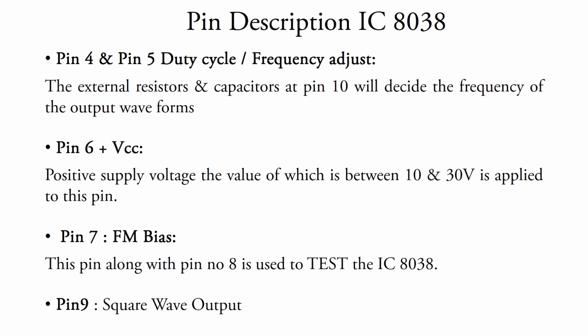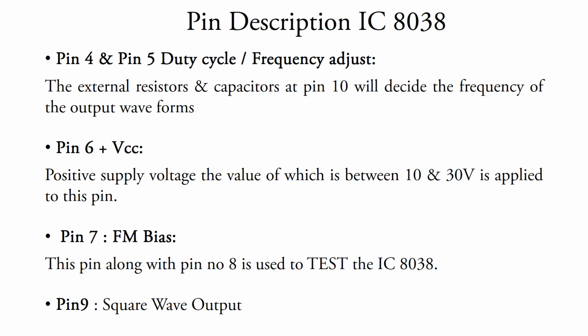Pin 4 and 5 are duty cycle and frequency adjust. External resistors and the capacitor at pin 10 will decide the frequency of the output waveform. Pin 6 is plus VCC, the positive supply voltage; a value between 10 and 30 volts is applied. Pin 7 is FM bias, the pin which along with pin number 8 is used to test the IC8038.